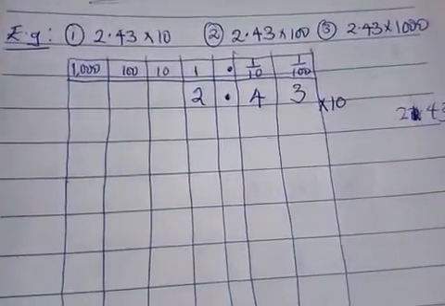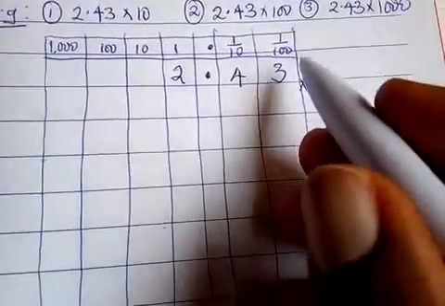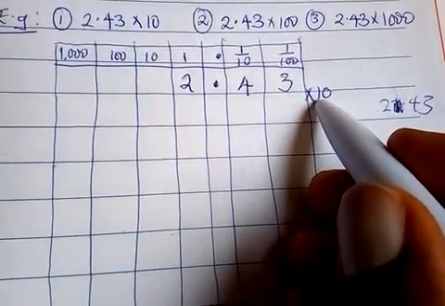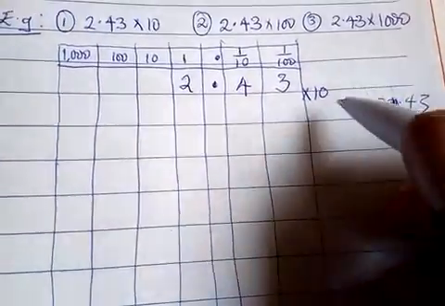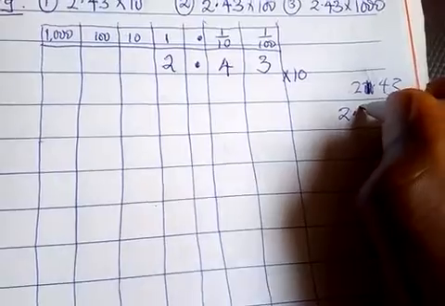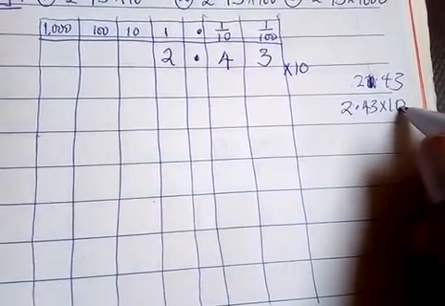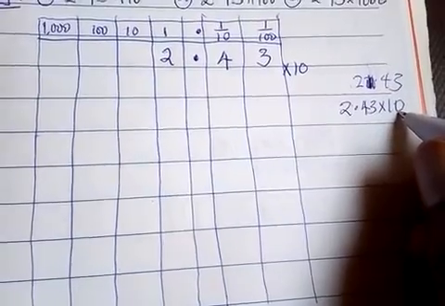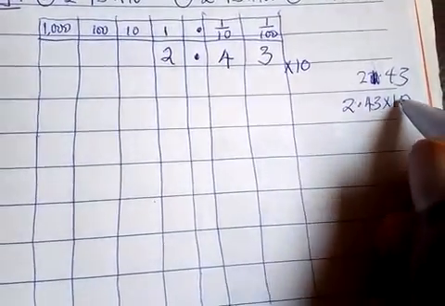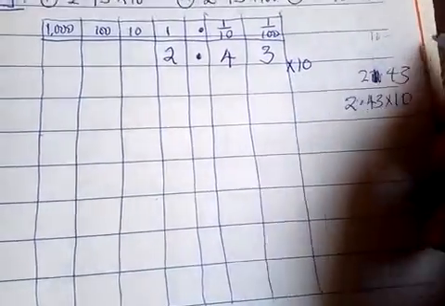So now multiplication calls for increment. When you are multiplying by 10, let me show you what goes on underneath before I place it there. 2.43 times 10, you have 10 here, right? So this works for 10 or 100 or anything with 10000.